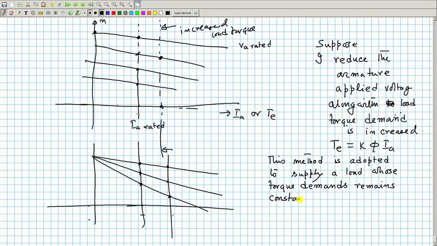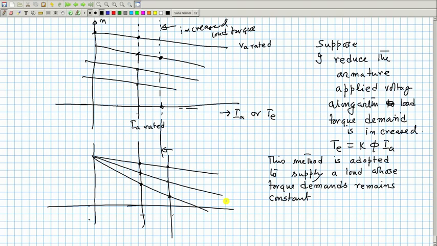Nothing is better than that. Armature current at rated value, rated torque, and let that torque remain constant. You will be able to run at different RPM and so on. Therefore, you see this armature voltage method of control can be done either by connecting external armature resistance like this, but this is no good, inefficient.